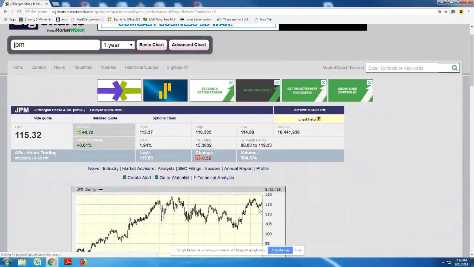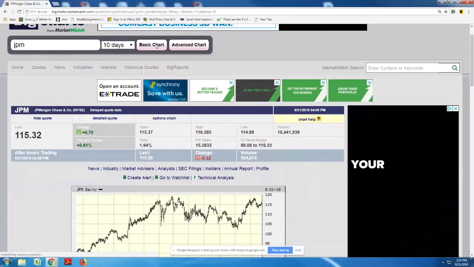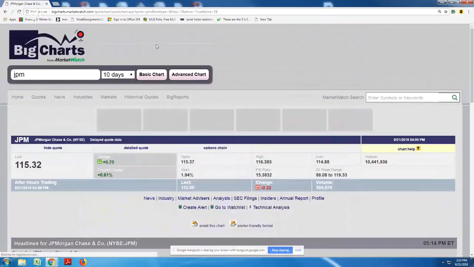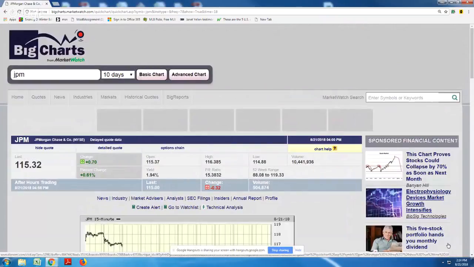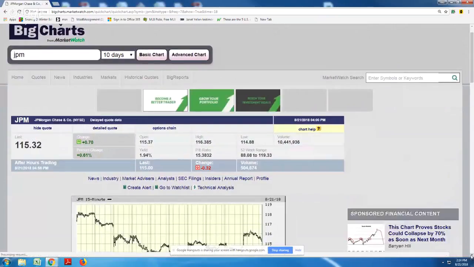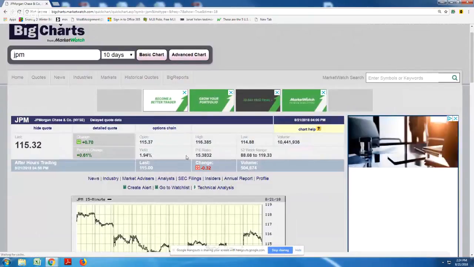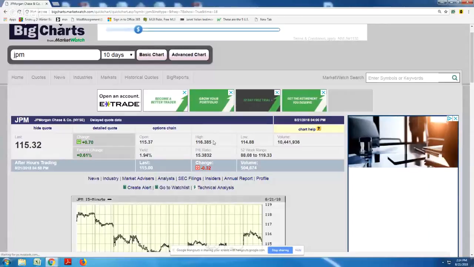Let's look at the 10-day. Give us a shorter term, get an idea what the shorter term looks like. You got a gap there, like I told you, right between 116 and 117. Today it hit 116 and change. So we got about halfway into the gap, then turned over. And let's get the chart all the way on there so you can see the whole thing.